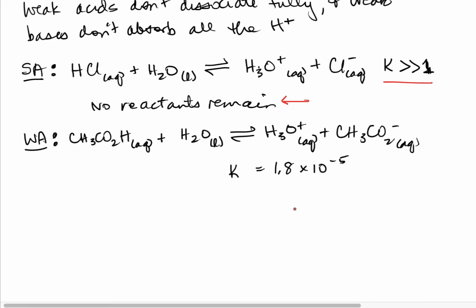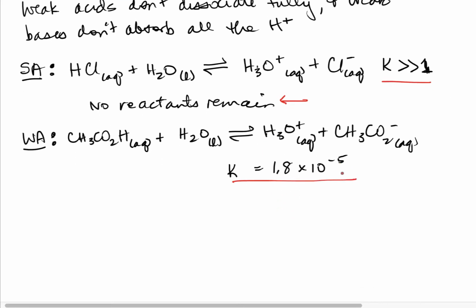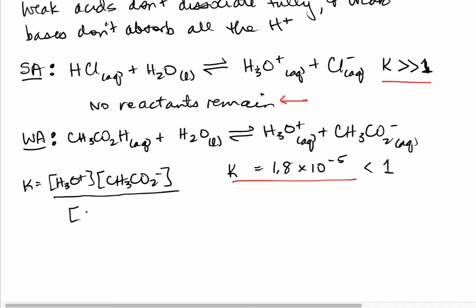And in contrast to that, a weak acid where the K is less than 1, this is not a tiny, tiny K like some of those solubility products, 10 to the minus 18 or something like that, but 10 to the minus 5 is still not super huge, right? So if this is less than 1, it means that we are still mostly undissociated here.